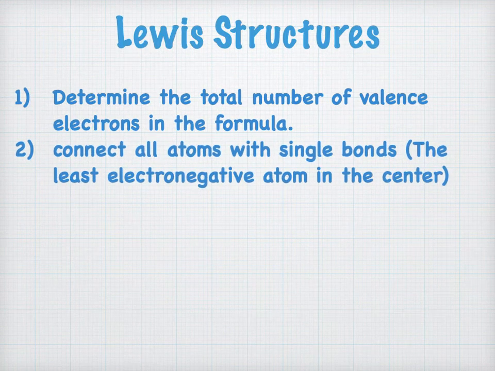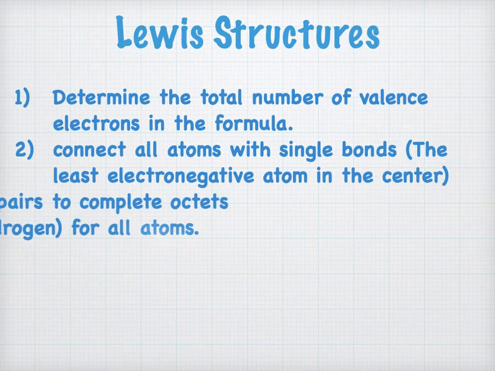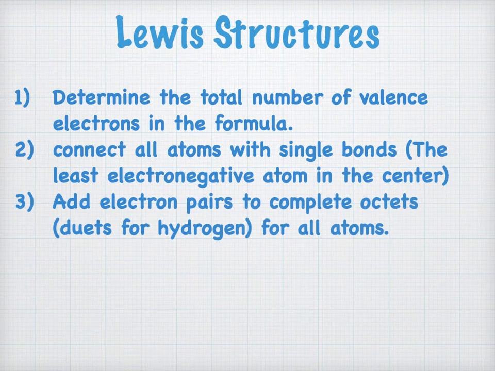After we do that, we're going to connect all of our atoms with single bonds, with the least electronegative atom in the center, or whichever one can form the most number of bonds is another way to think about that. You then want to add electron pairs to complete octets. Hydrogen, of course, only needs two, and hydrogen can only form one bond for all of your atoms.